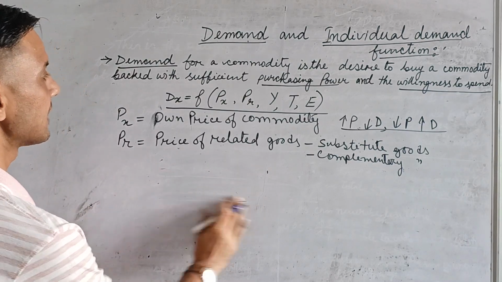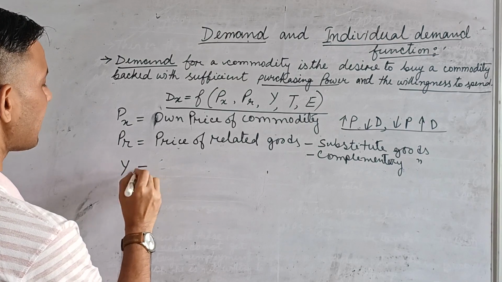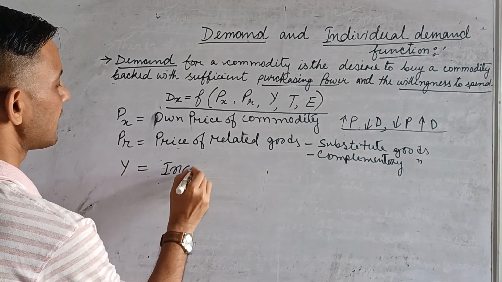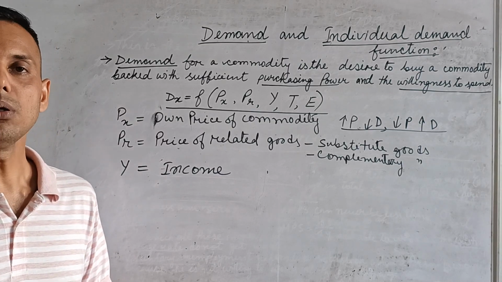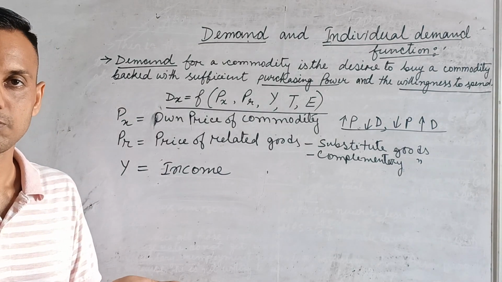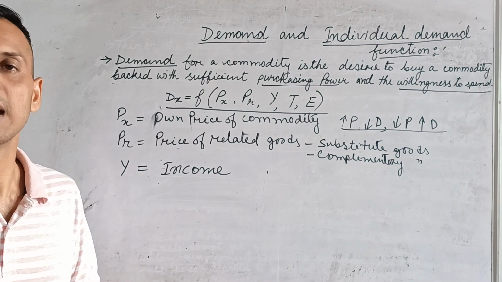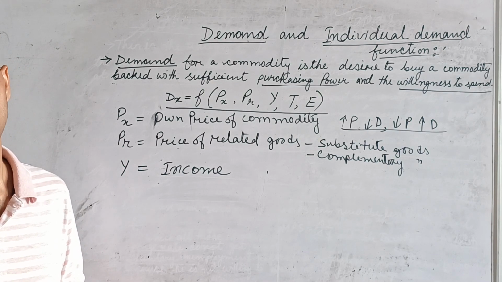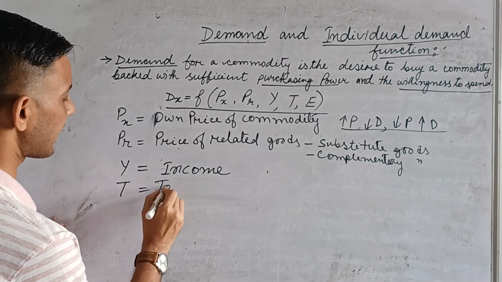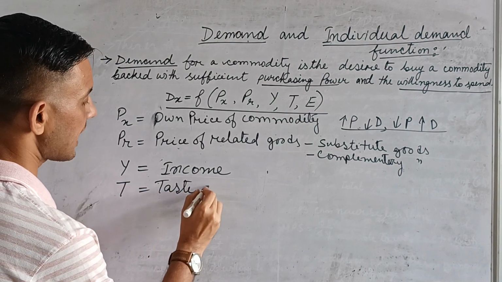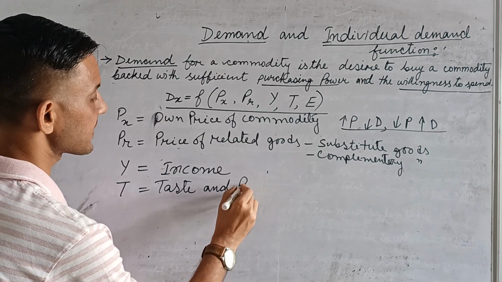Next, the third one is income. Income definitely determines your demand. We all know, more income, more demand; less income, less demand. Then another one is T. T means your taste and preferences.